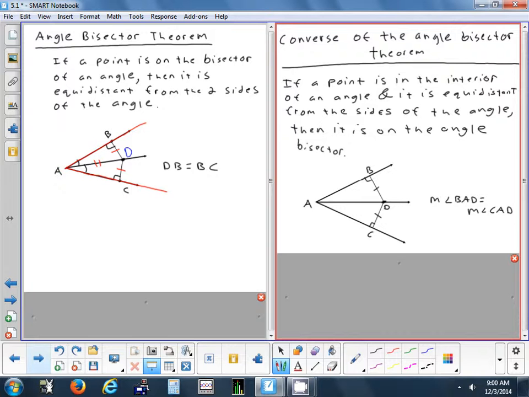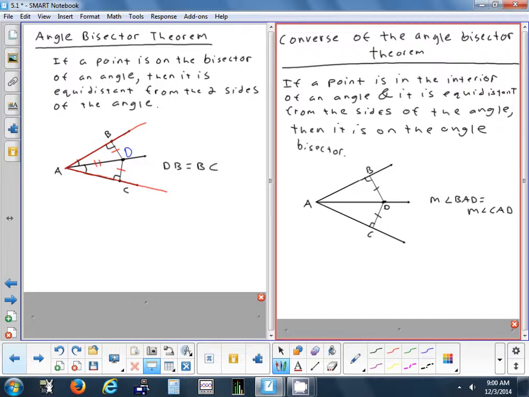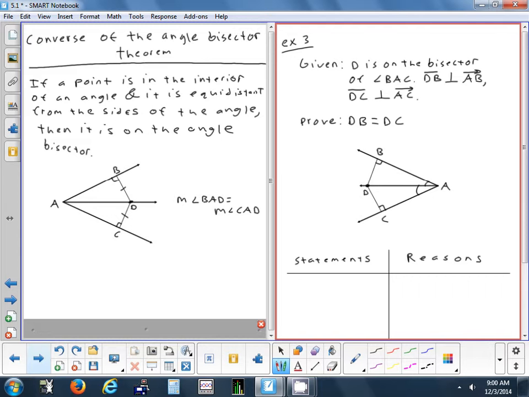We're not going to go through the proof formally. At least we're not going to do both of them formally. We already did one of the theorems formally. Let's do, I think, is this the converse? Yeah.